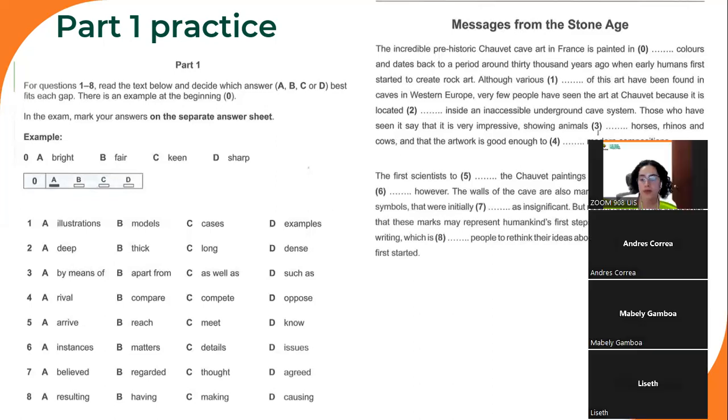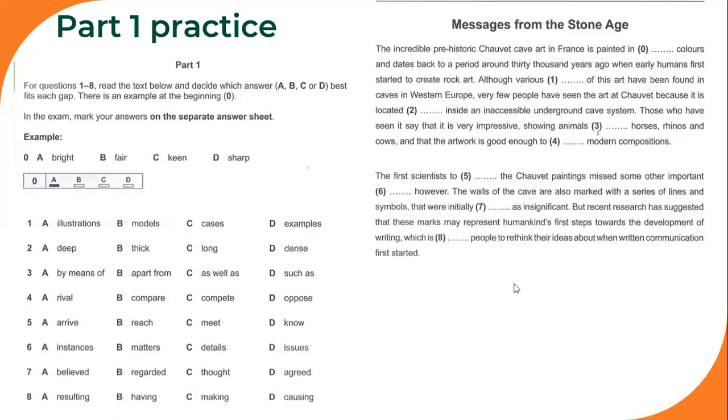Okay, teacher. The next paragraph, the first scientist, right? Yes. The first scientist to study the Chauvet painting missed some other important details. However, the walls of the cave are also marked with a series of lines and symbols that were initially dismissed as insignificant.